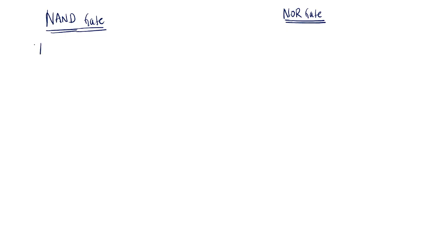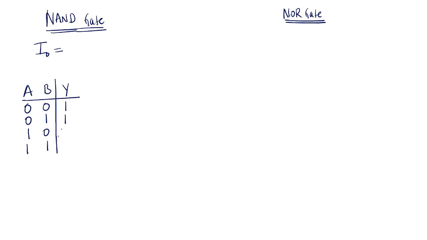What is I naught? What are you getting? Output is: if any one of the input is low, the output is high. Output is high.